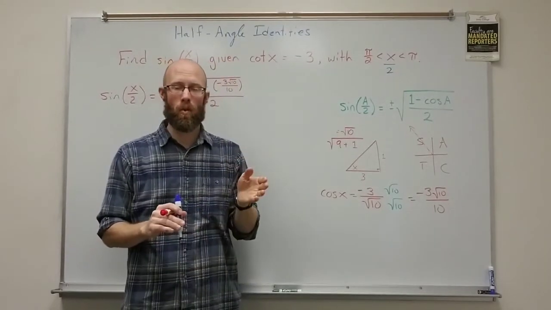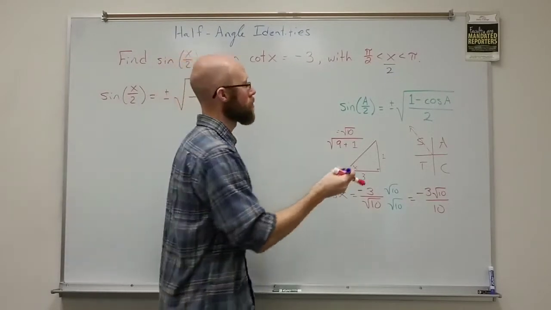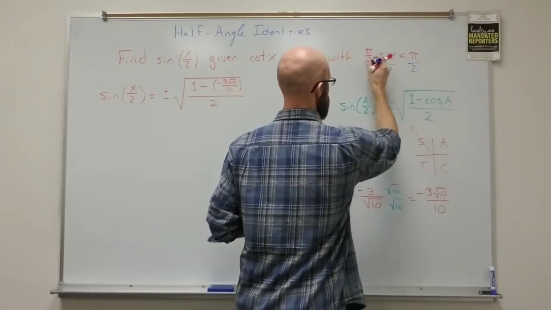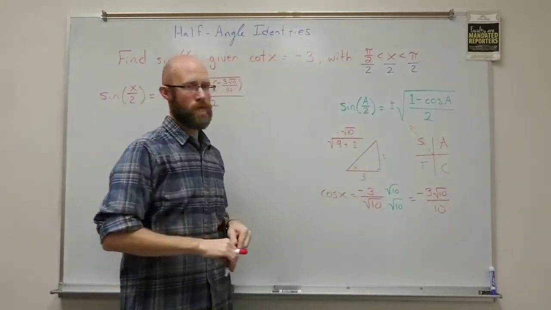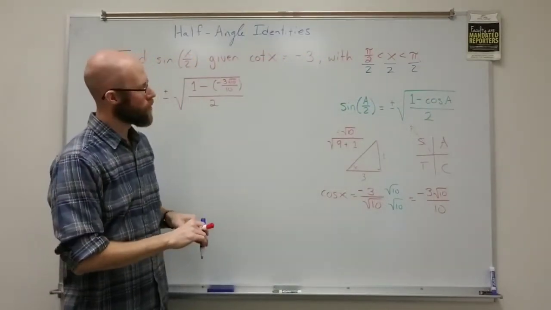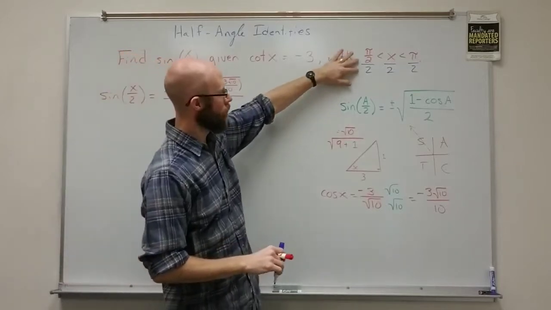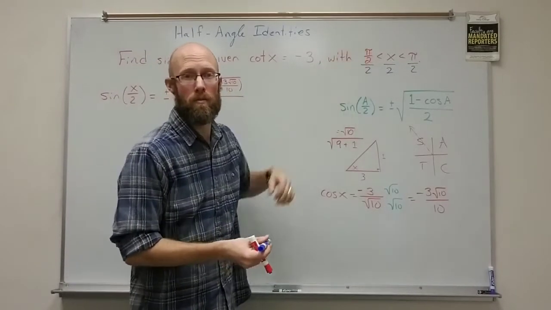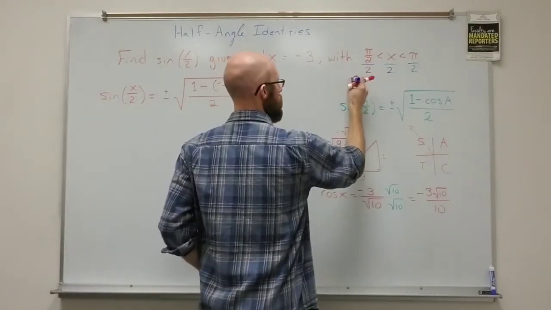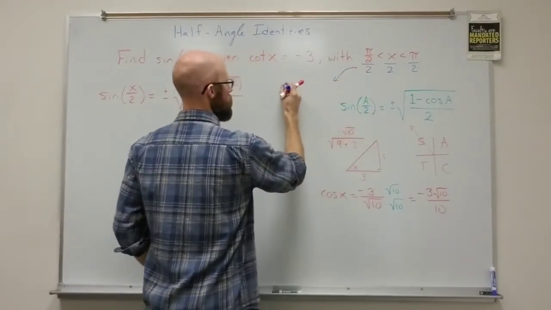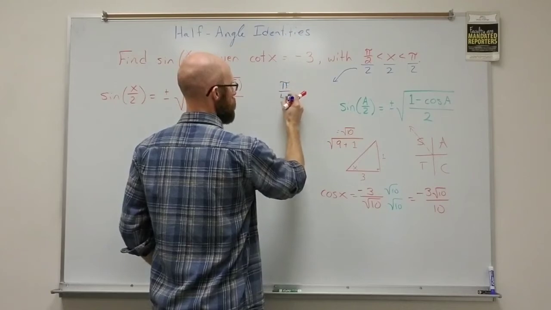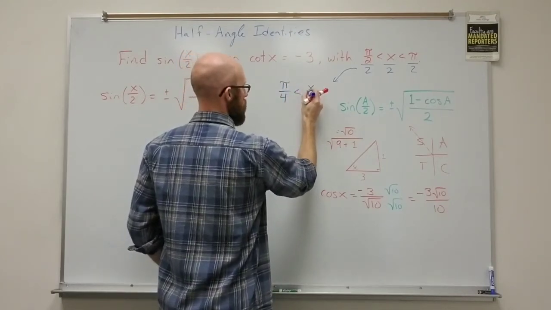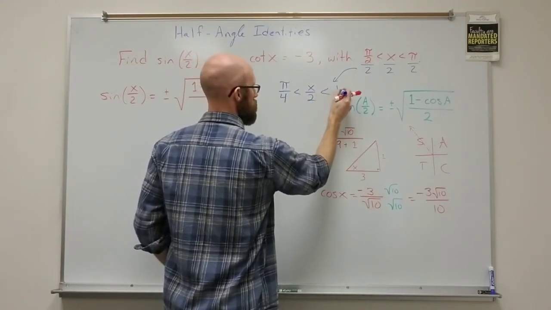But if I do that to one part, I have to do that to all the parts. So I can divide everything by 2. Okay? Well, dividing everything by 2 simplifies. Pi over 2 divided by 2 is pi over 4, right? Half of pi over 2. So what I would end up with is the inequality pi over 4 is less than x over 2 is less than pi over 2.